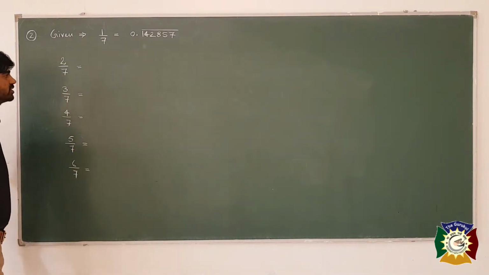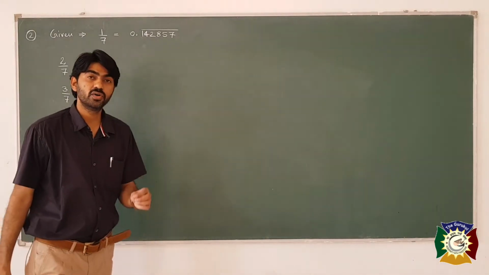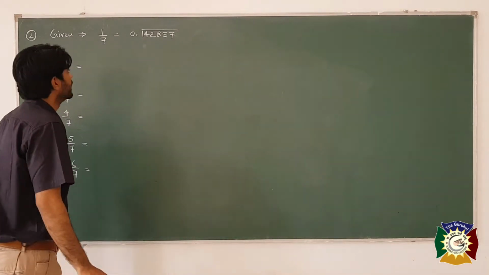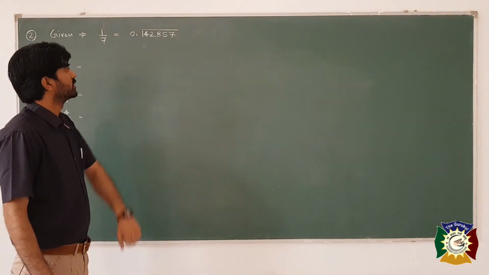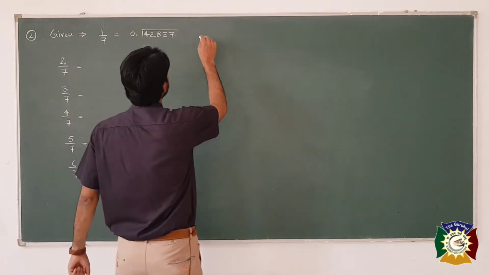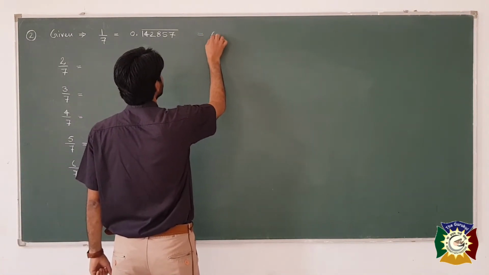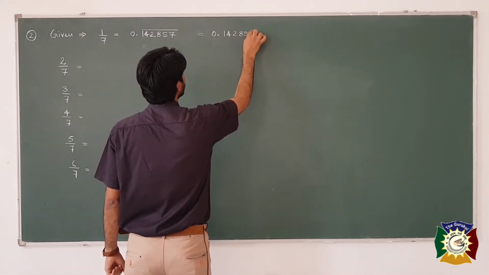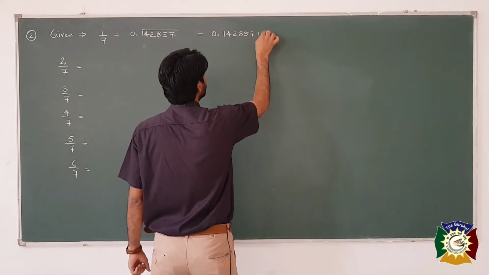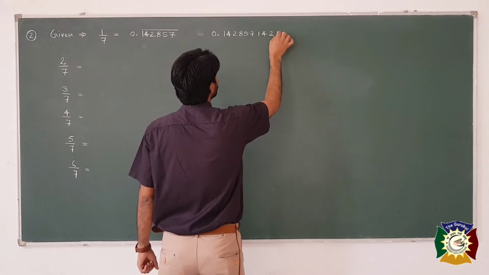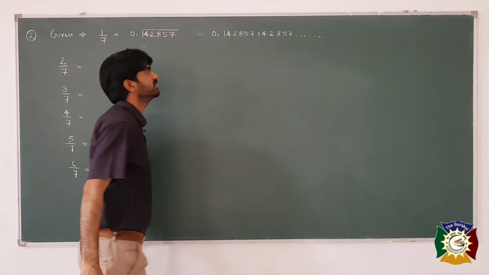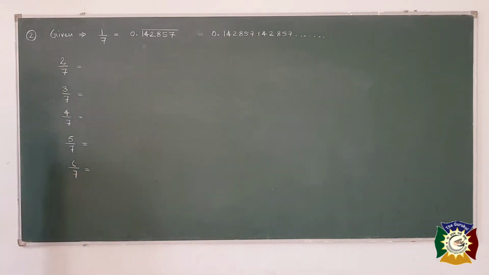These decimal expansions we are to tell without doing long division. So study this pattern. If I write this is equal to 0.142857, 142857 and so on, it means 142857, 142857 is being repeated.